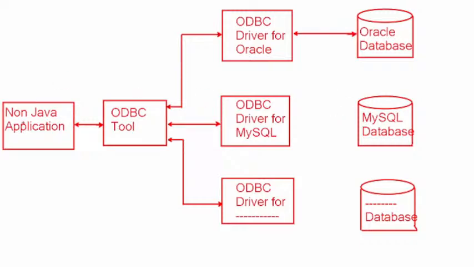If they want to change the database, what do they have to change? This driver they have to change, to this driver. Like this, they connected to other databases. This is before Java. When Java came, what happened? I'll explain. First, write this one.